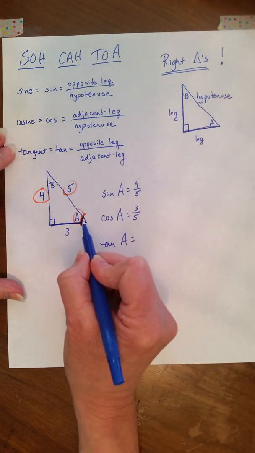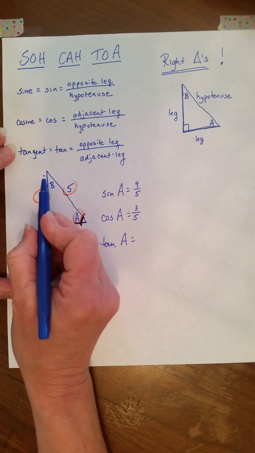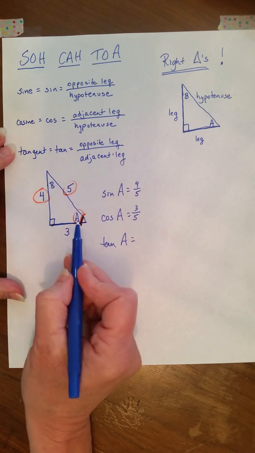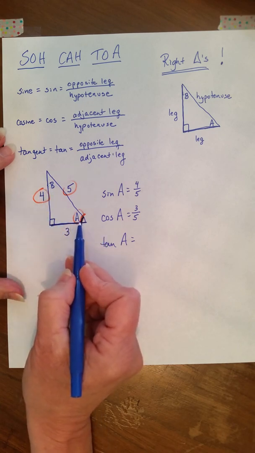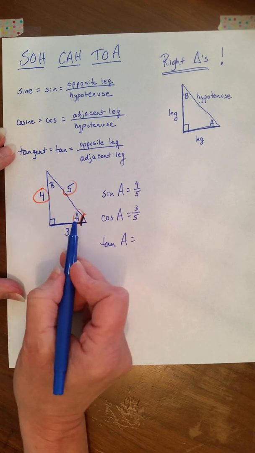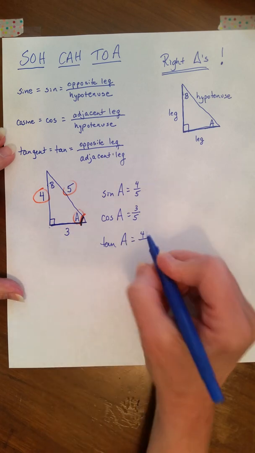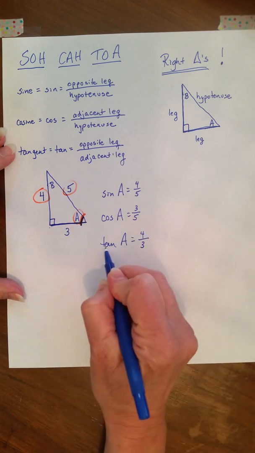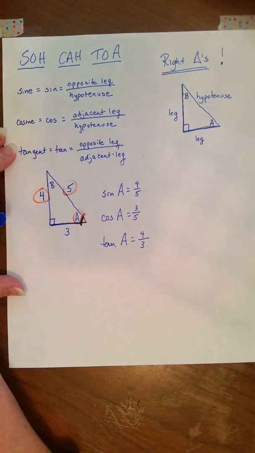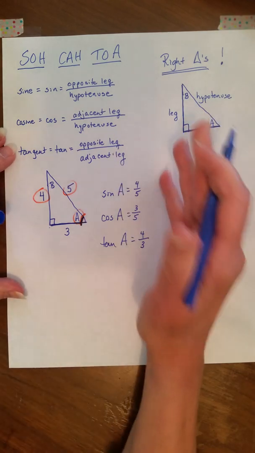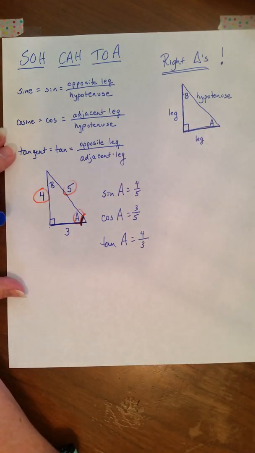The opposite leg does not help form angle A at all. It never touches angle A. So the opposite leg is 4 over the adjacent leg, which is 3. So the tangent of angle A is 4 over 3. Okay, now leave it in fraction form.